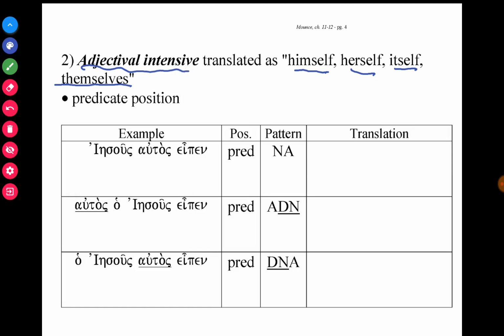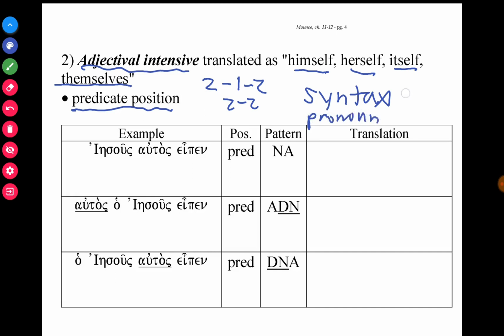And the position of the pronoun in the sentence that we're looking for is what we call the predicate position. And this is something that you've heard before when we talked about the module for the 2-1-2 and 2-2 adjectives. We went over the syntax of the adjective, but now we're going over the syntax of the pronoun. So the pronoun has its own unique syntax.